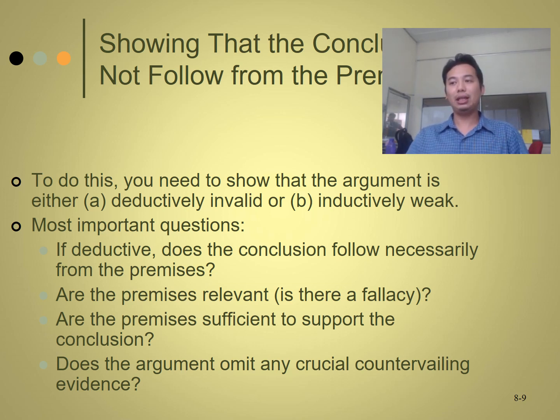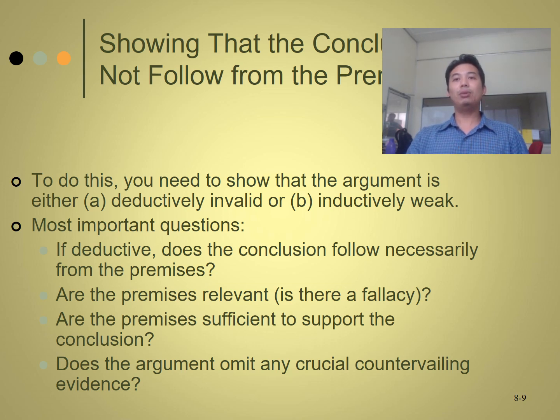Whatever premises have been put forward based on the arguer's perception are not enough to prove that the conclusion is what it is. To do this, you need to show that the argument is either deductively invalid or inductively weak. As I mentioned before, we are looking from the point of view of the premise not pointing towards the conclusion, and also the premise being false.